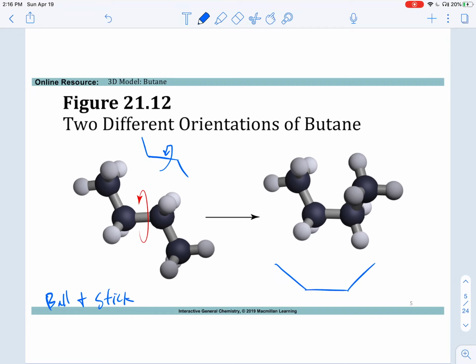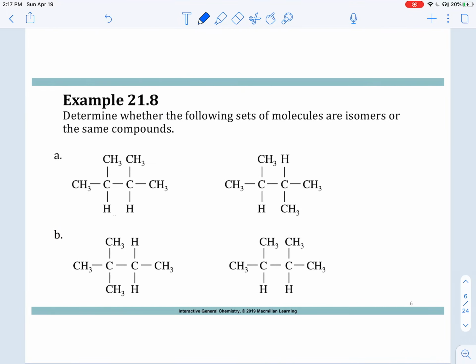We tend to typically just draw straight chain alkanes like this over and over, but it's just as correct to draw this like this and just draw however you like and just keep doing this. Maybe they do this because they can spin around these all the time. They're kind of like snakes, like pieces of spaghetti here. It's not just a static picture. So those are different orientations that these can take. Same compound, different orientation.